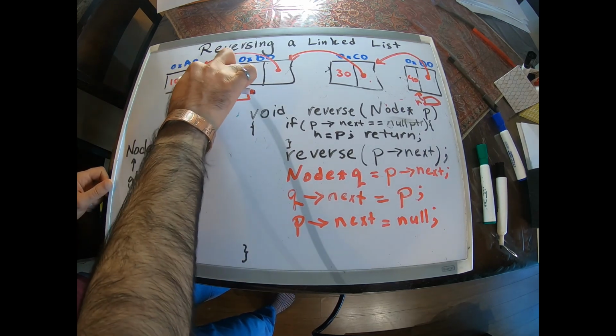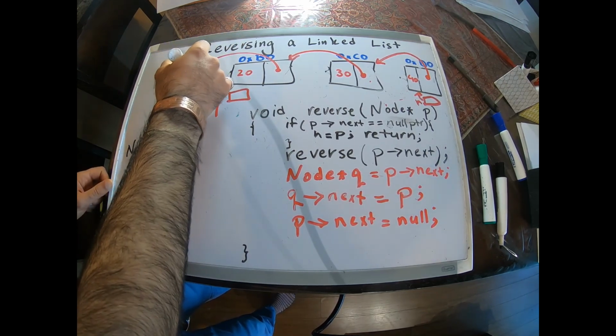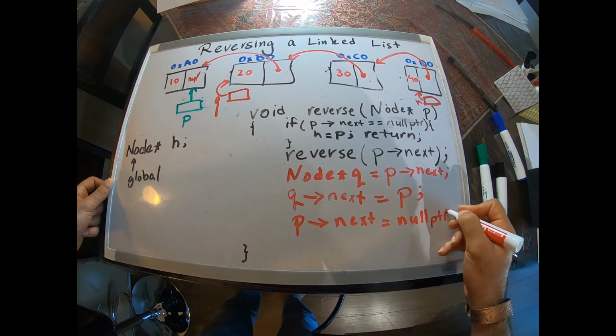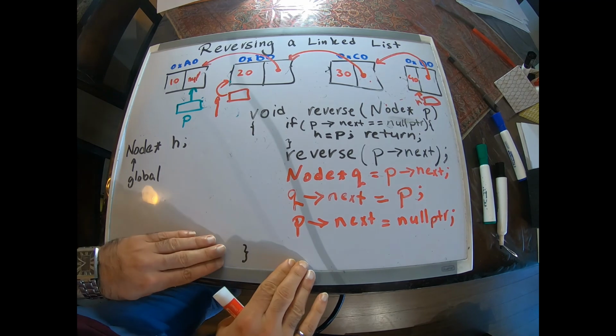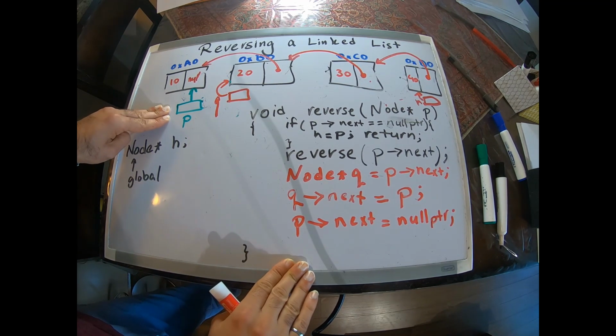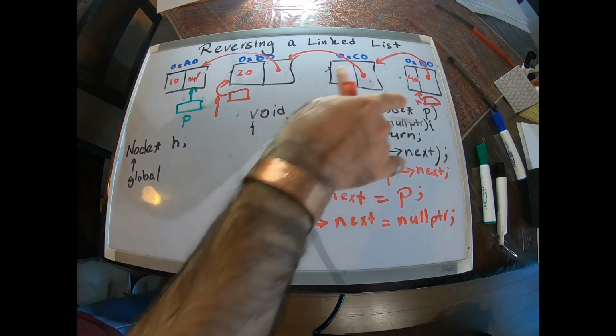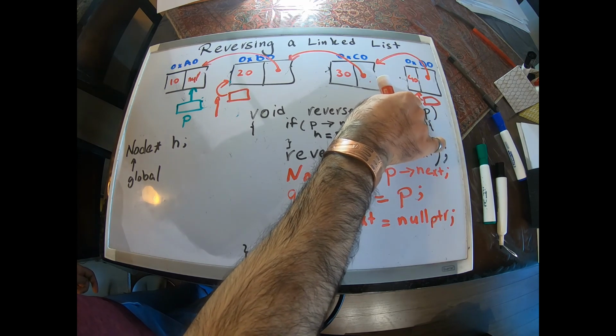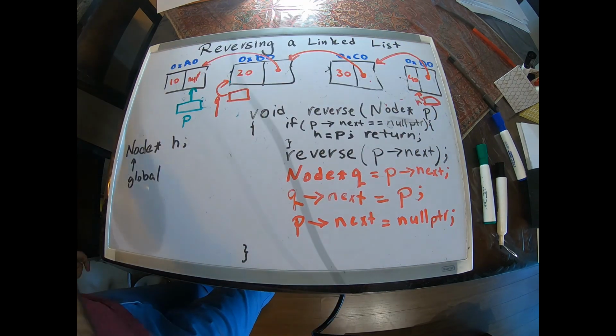So this is not the case anymore. This becomes null. You can write this one null pointer as well. And we are done. This was the first time the function was called. So this is the first function call. We are done. And you can see that the head is now pointing to the tail of the original linked list. And we have reversed the linked list.